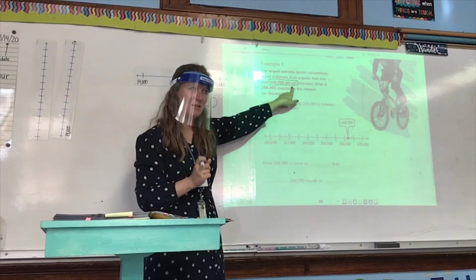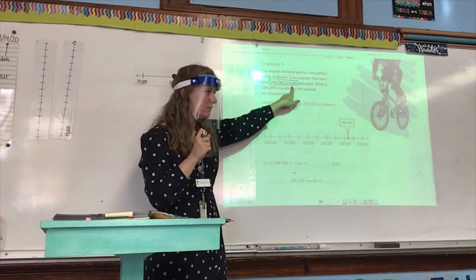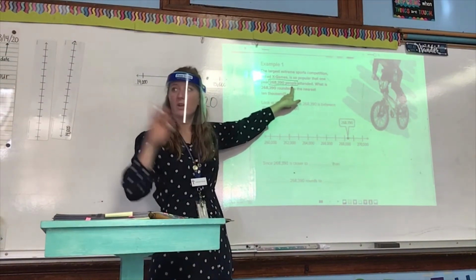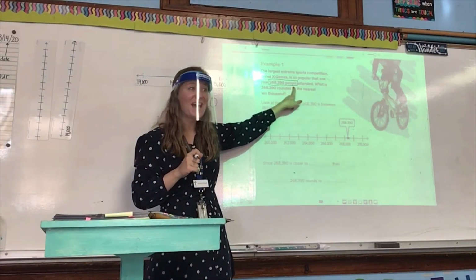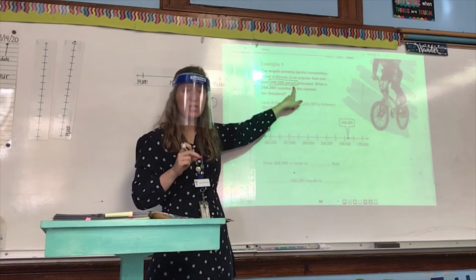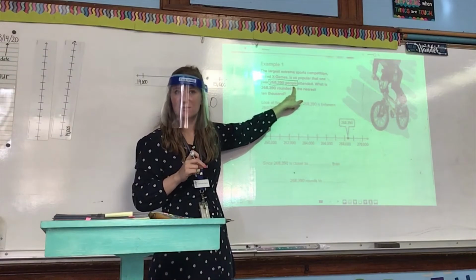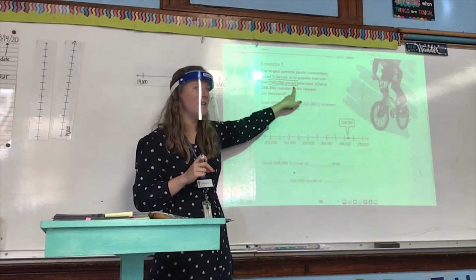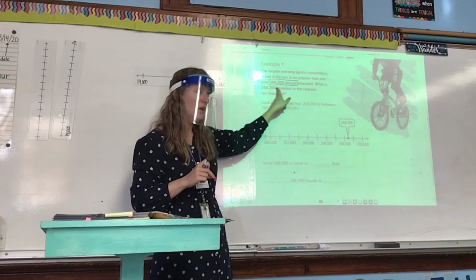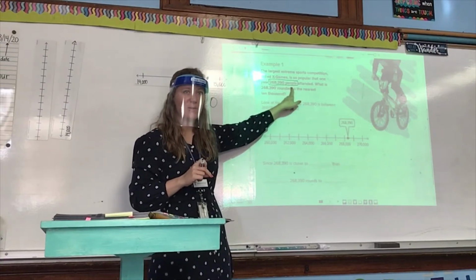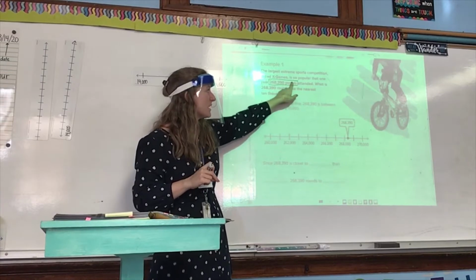What is the thing that that number represents? Well, in this case, it's people. It's very important to know exactly what your number represents because you have to put a unit in your answers. When you don't put a unit, you have not fully answered the question. So in the end, you should have a number and then whatever that number represents. In this problem, it's going to represent people.